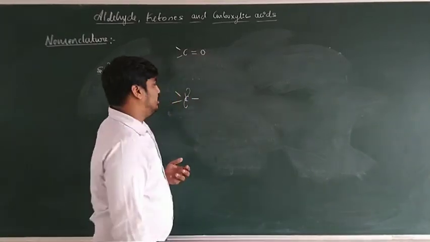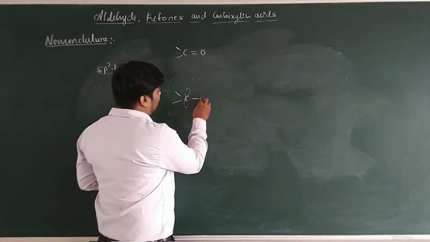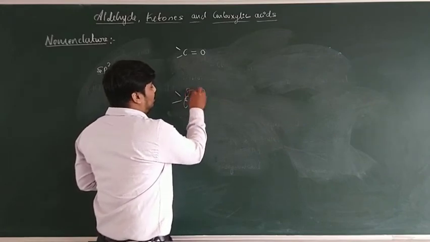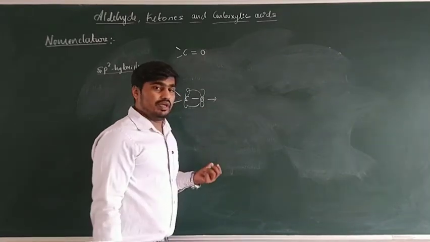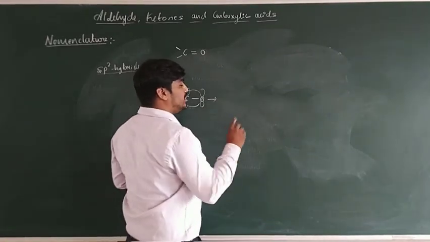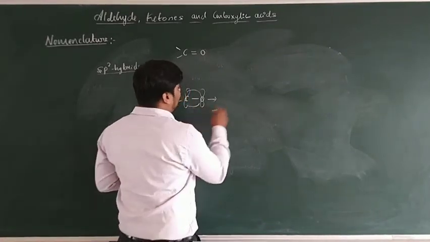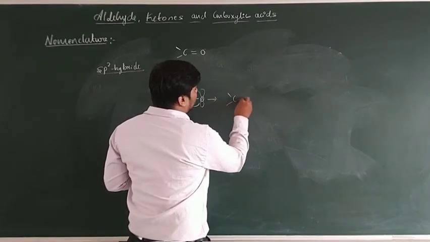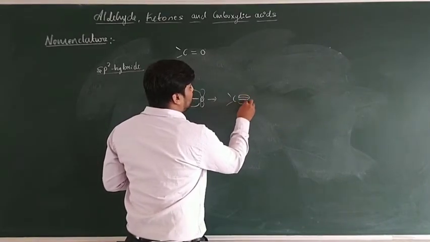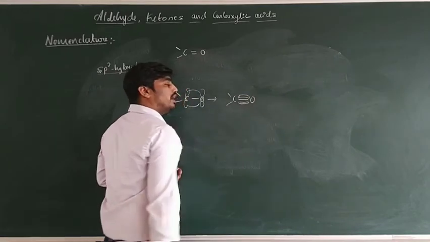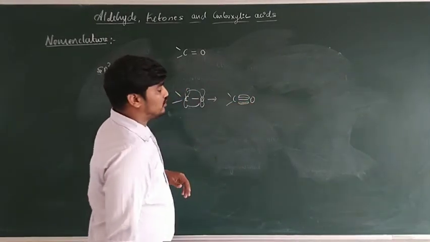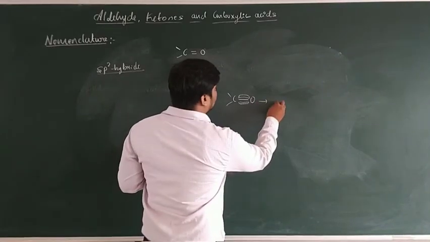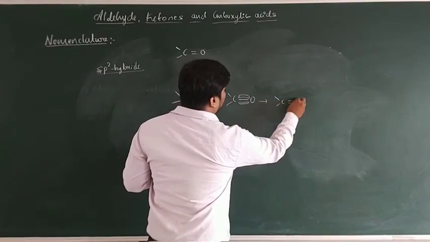That p orbital undergoes lateral overlap with the p orbital of the oxygen adjacent to the carbon. Because of that, a pi cloud is observed around the carbon-oxygen sigma bond, and that leads to formation of a pi bond.